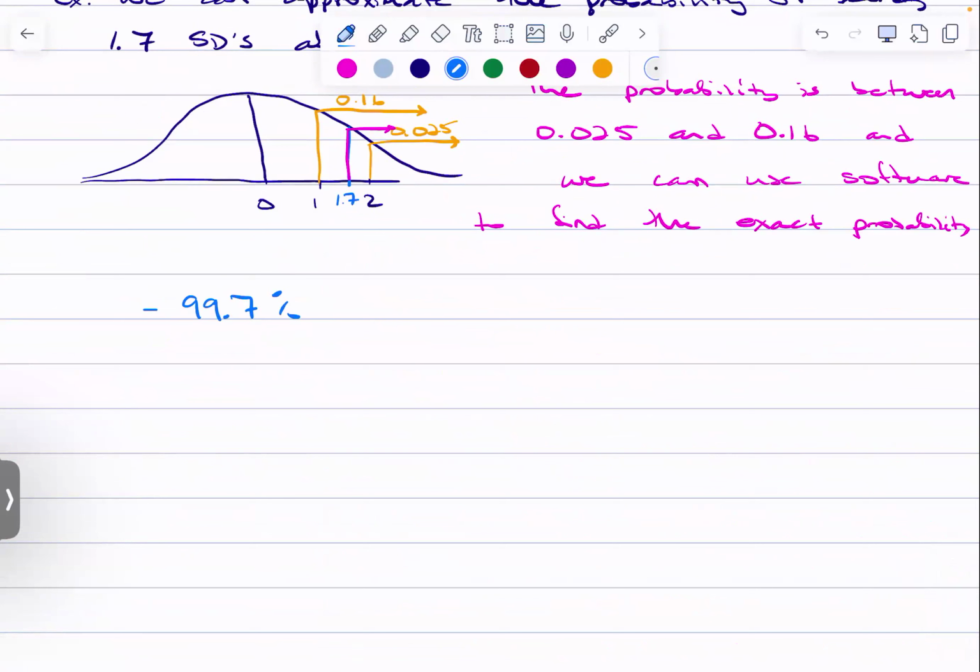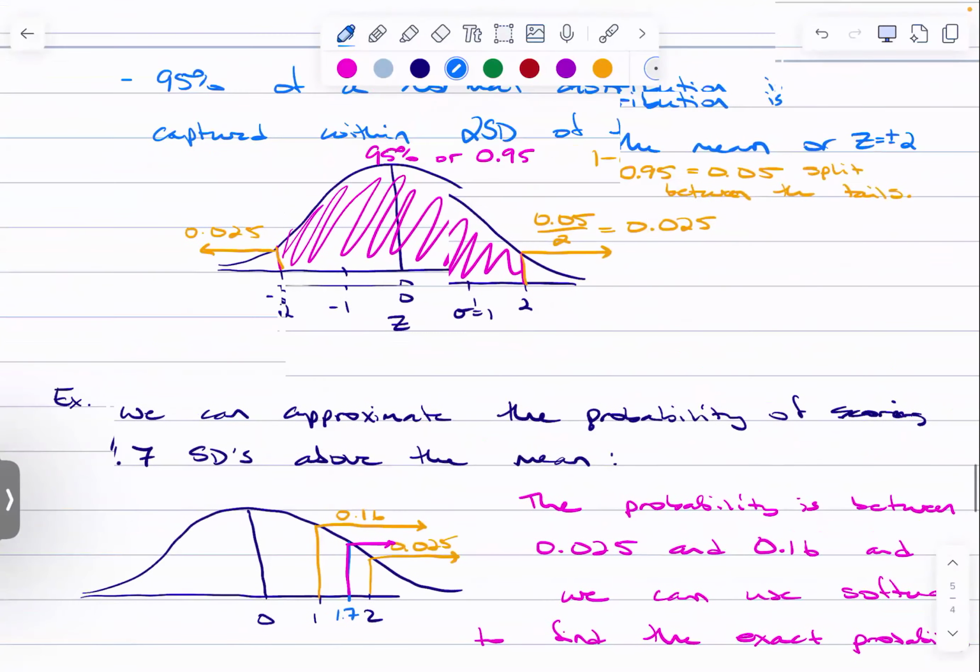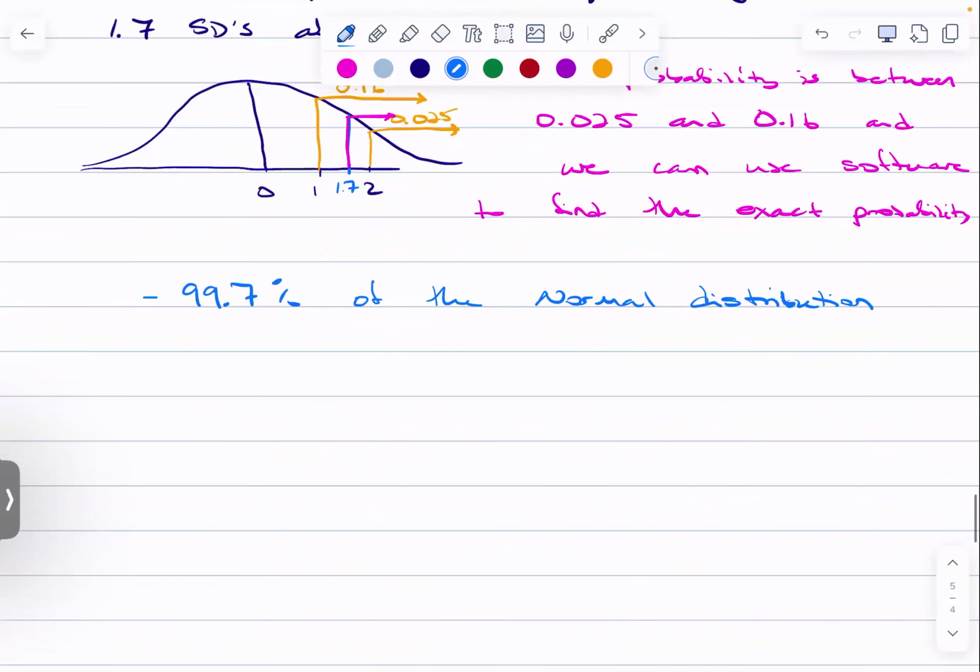But 99.7% of the normal distribution is captured within 3 standard deviations, or z equal to plus minus 3. Now we're getting somewhere. Right?